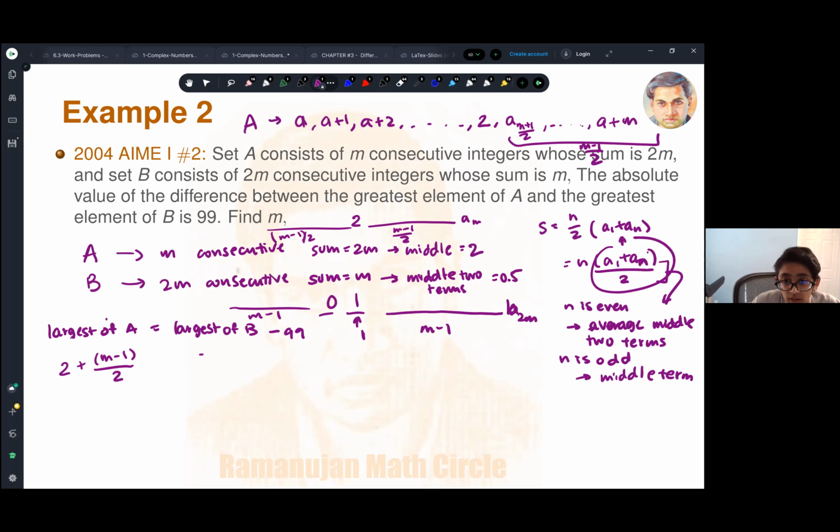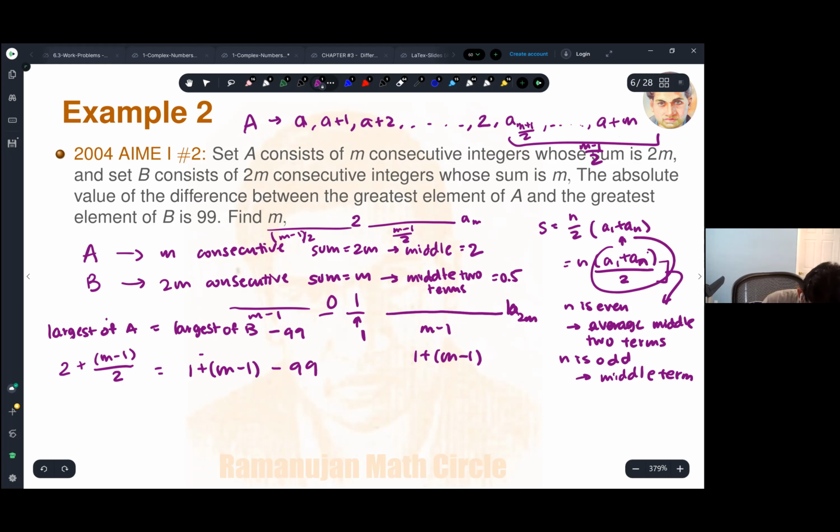So if there's m minus 1 over 2 terms after 2, then for sure the largest term needs to be m minus 1 over 2 greater than 2. Okay, so we follow similar logic for the sequence B, which is actually much easier because there's m minus 1 terms after 1. So all you do is 1 plus m minus 1 to get the largest term. And so it's 1 plus m minus 1 and then minus 99.